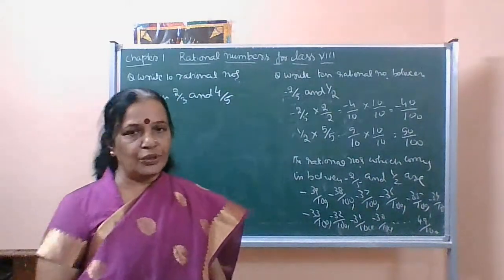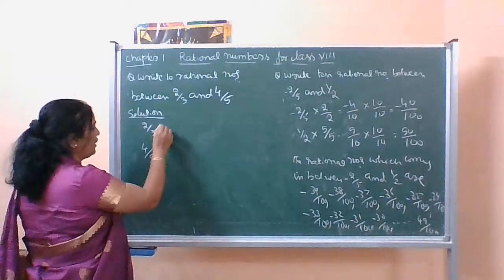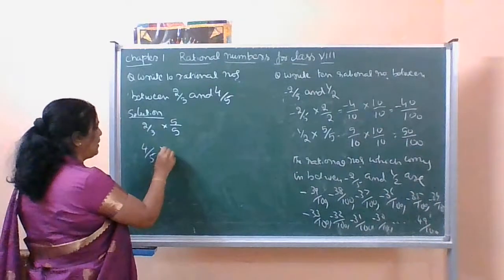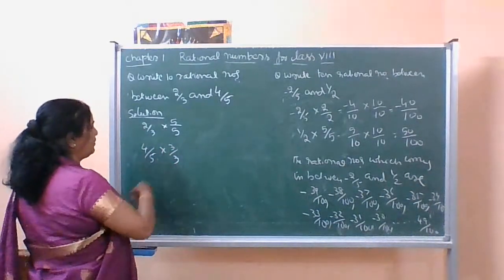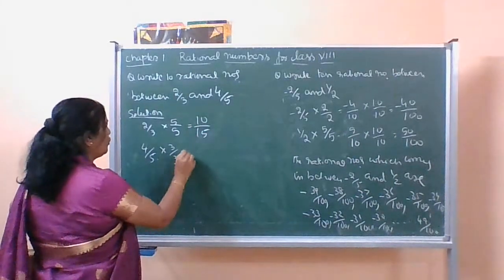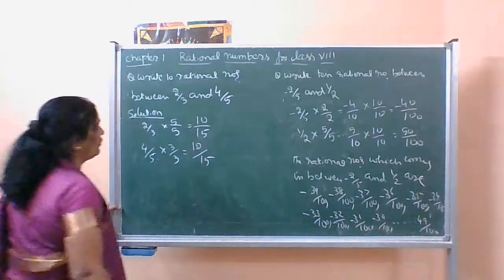And what do you have to do now? See, the denominator is 5 here, therefore multiply by 5 by 5. Here the denominator is 3, so 3 by 3. It is 5 2s are 10, 5 3s are 15, 4 3s are 12 and 5 3s are 15.